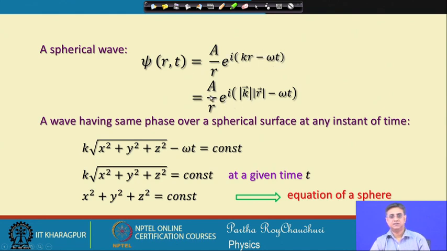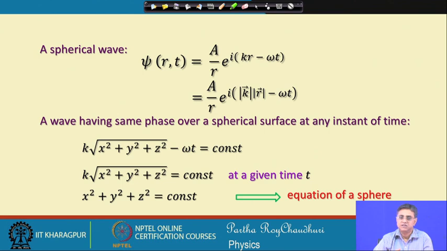Now, let us check that the phase of the electromagnetic wave is constant over a spherical surface. So, k is now the magnitude of k and r is the magnitude of r. A wave having the same phase over a constant spherical surface at any instant of time will represent a spherical wave.